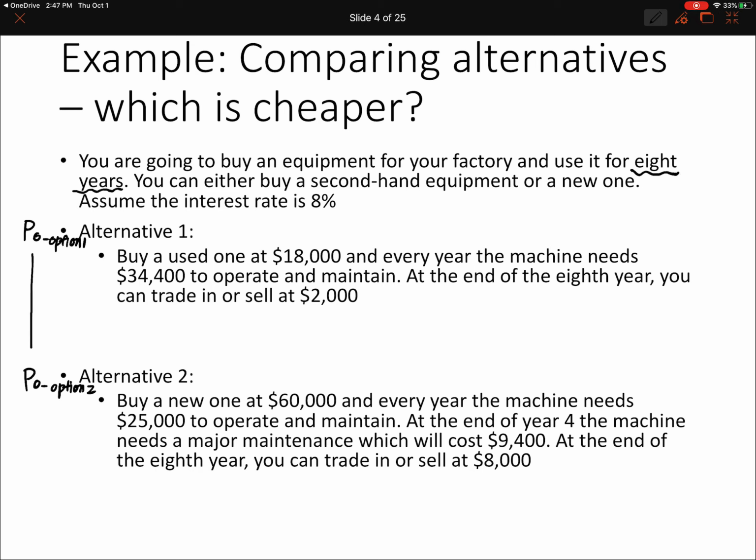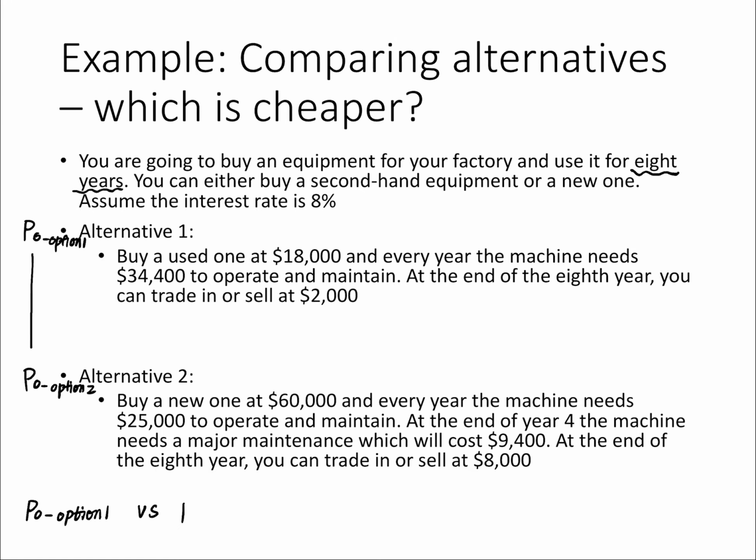They're all money going out. So whichever is less negative, P0 option 1 versus P0 option 2, which one is less negative? That's going to be your better choice because you're going to cost less if you go with that option.